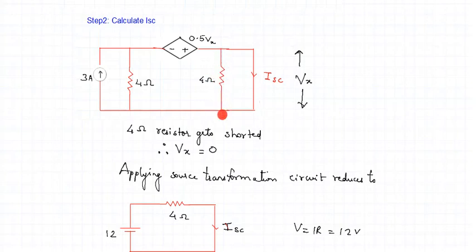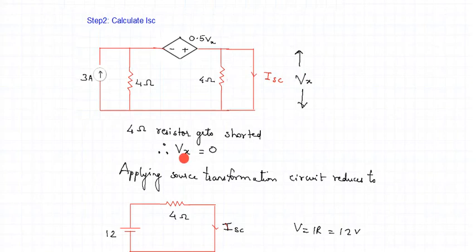So when this becomes short circuit, the voltage across this terminal also becomes 0. Therefore Vx becomes 0 because the 4 ohm resistance gets short circuited.